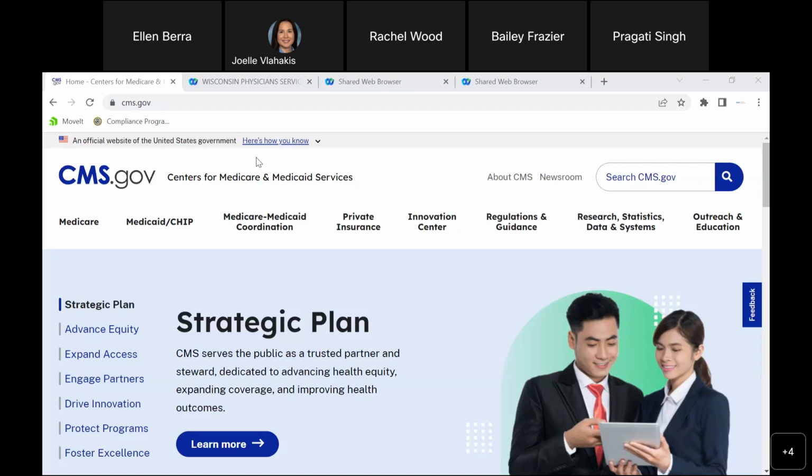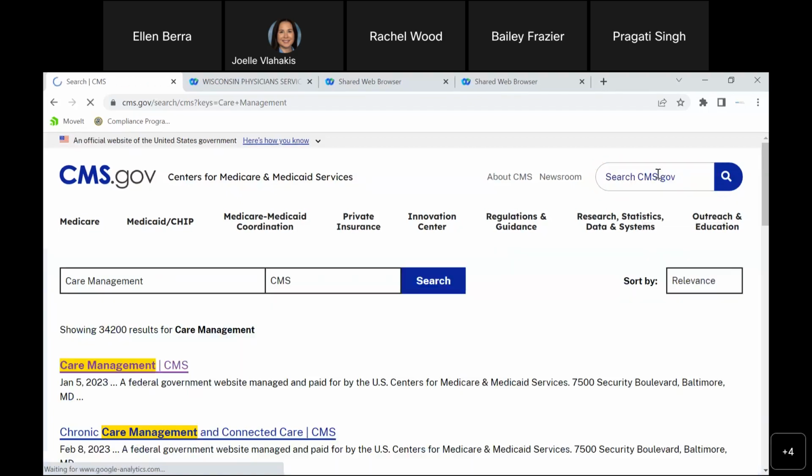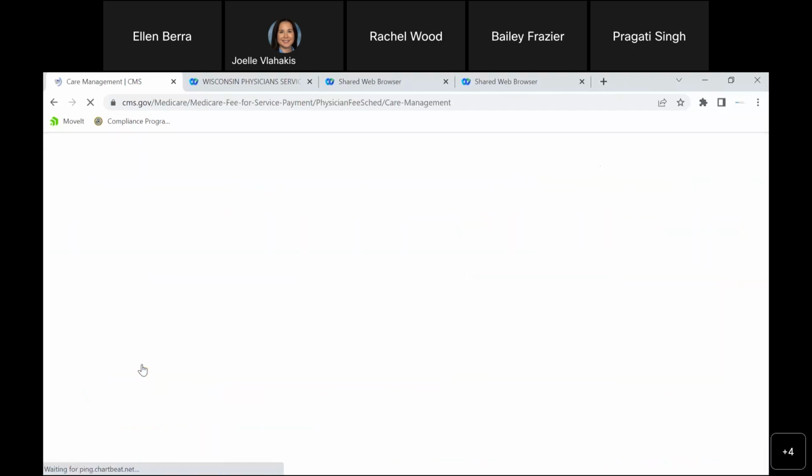Now, the easiest way that I find to actually find this, if you don't already have this bookmarked, is to go into the cms.gov website. Under the search function, do a search for care management, and it is the first one that shows up.